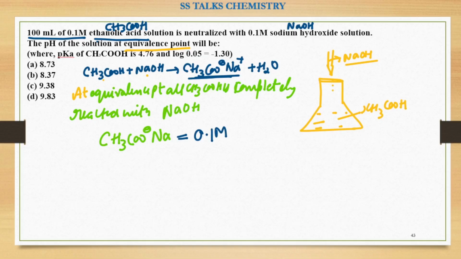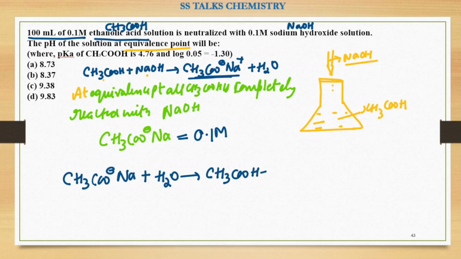Now, this sodium acetate we have at the equivalence point, in the aqueous medium that we provide, because water is present, can undergo hydrolysis and form acetic acid, and along with this NaOH is formed, which means the resulting solution is going to be basic in nature, because NaOH, a strong base, is being formed.